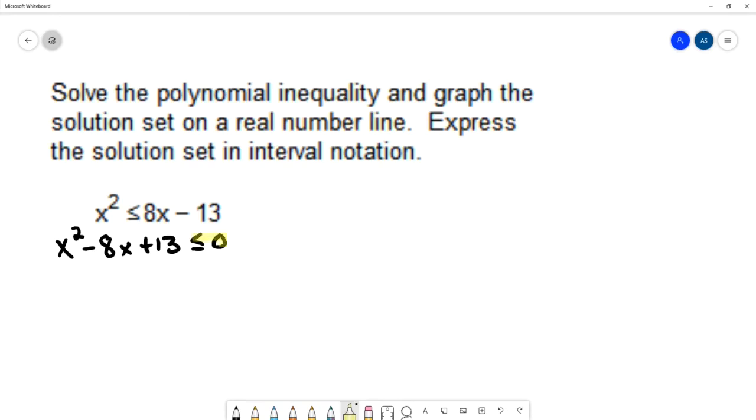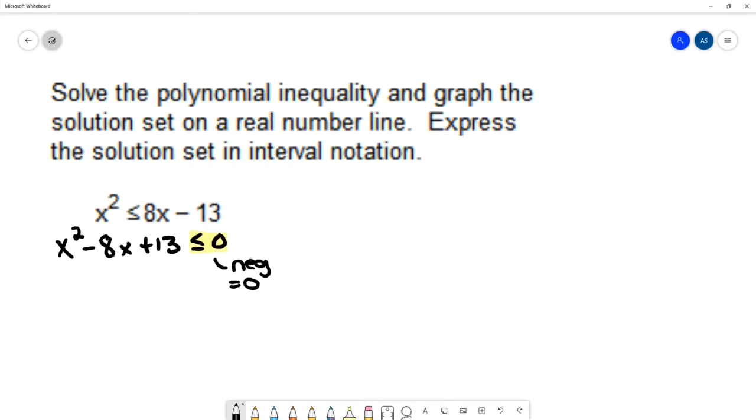Having a 0 on one side of your inequality is really important to the process because it tells us what sign we're looking for, whether we're looking for positive, negative, or 0. So because this inequality has less than, that means that we're going to be looking for negative values. And because we have the equal to, we're also looking for values that equal 0 that solve this inequality.